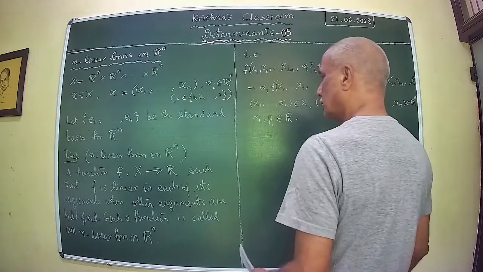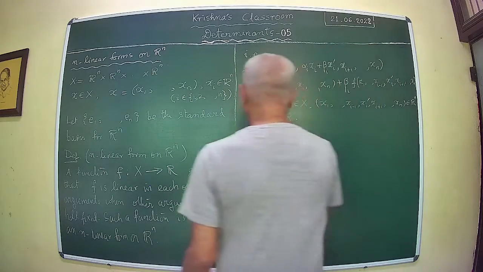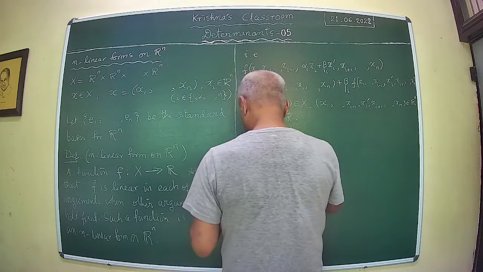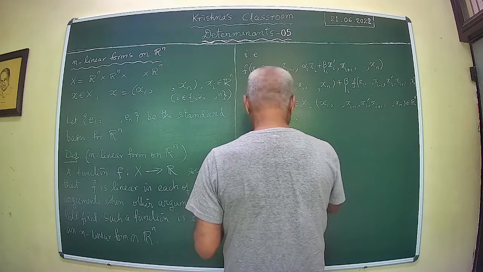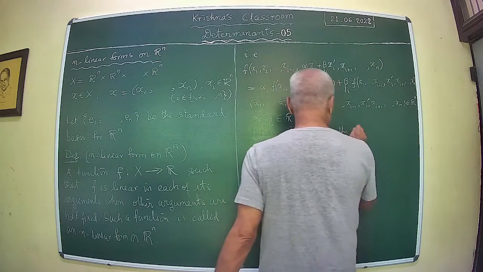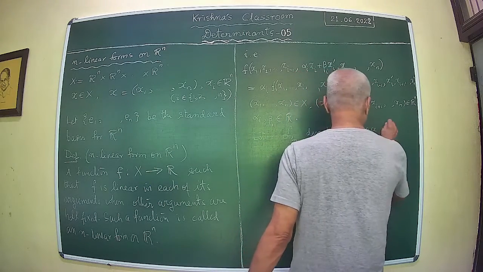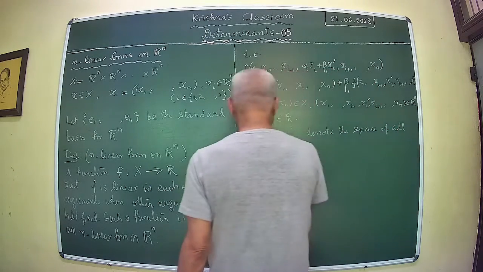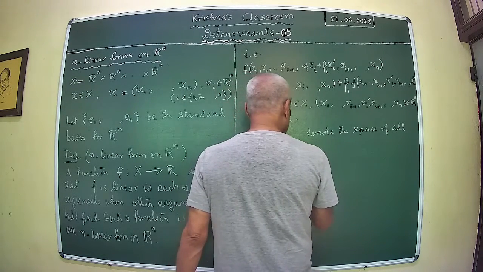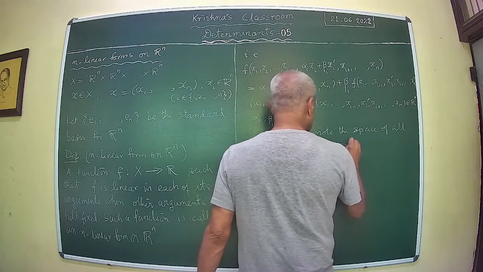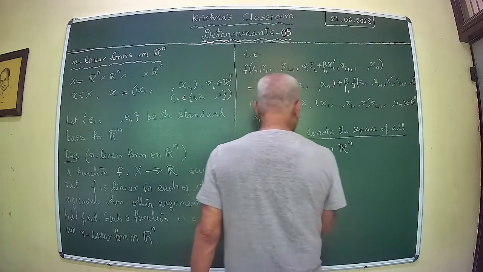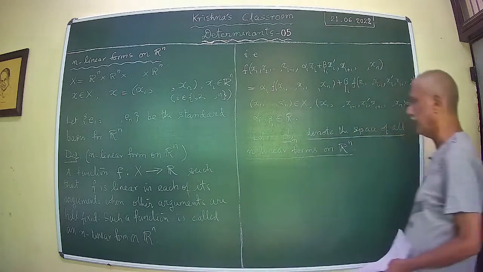Now that's about the n-linear form. Let Ln be the set of all n-linear forms on Rn, we'll use this notation. Now we will just explore what structure you can attribute to Ln.